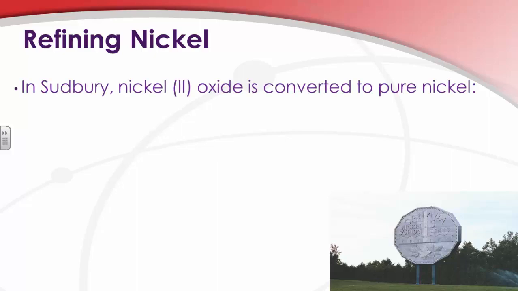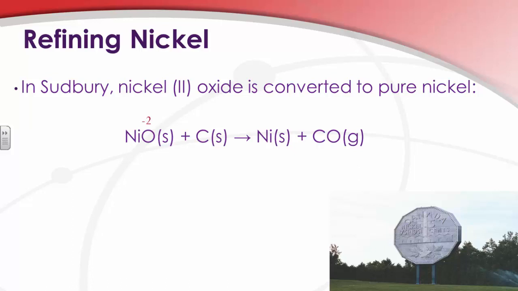So, some real-life examples. We can look at how nickel is produced from nickel ore, from nickel 2 oxide. Up in Sudbury, they'll react nickel oxide with carbon. This is the overall reaction to get pure nickel and produce carbon monoxide. We know oxygen is -2, which puts nickel at +2.